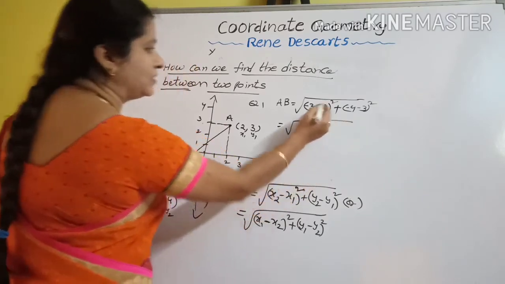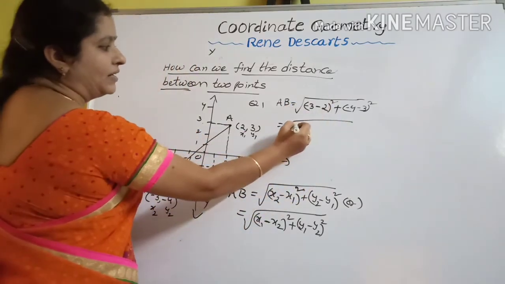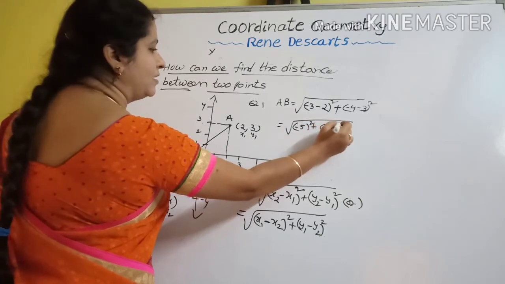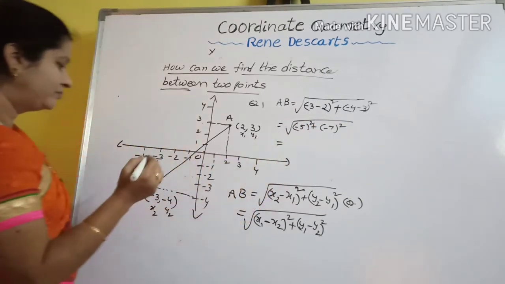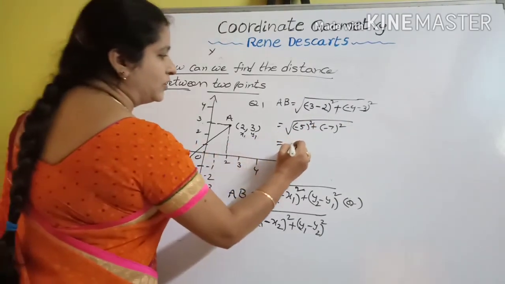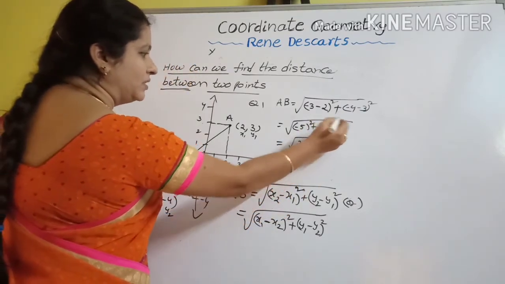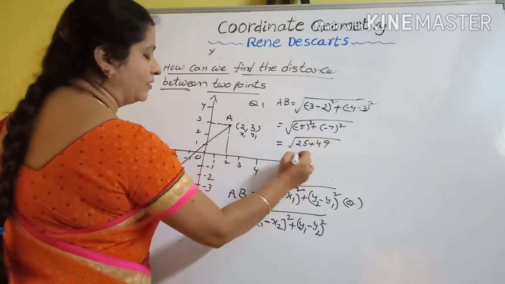So simplify this: minus 5 whole square plus minus 7 whole square. So minus 5 whole square is nothing but 25. This one is 49.